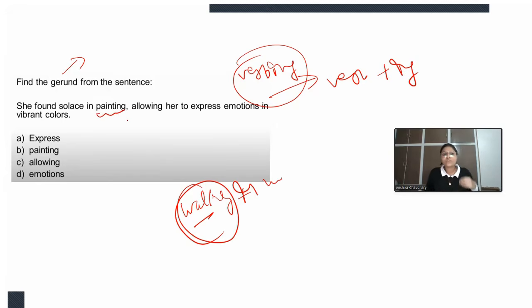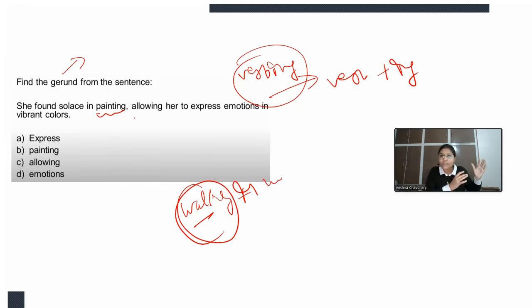So here, she found solace in painting. It is not that she is doing painting. No, no, no. It is not a verb. It is a noun, and we have verb plus ing, but it is working as a noun right here. That is not painting in the present continuous sense, like she is doing painting.